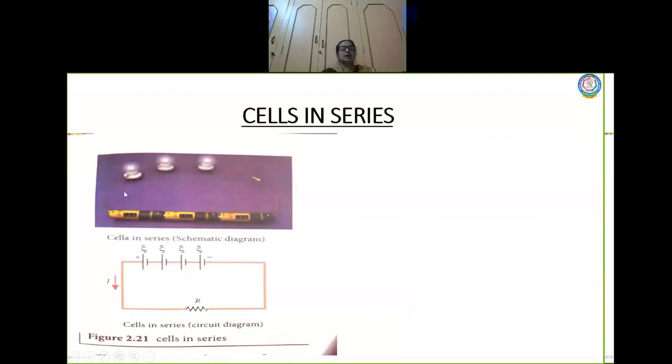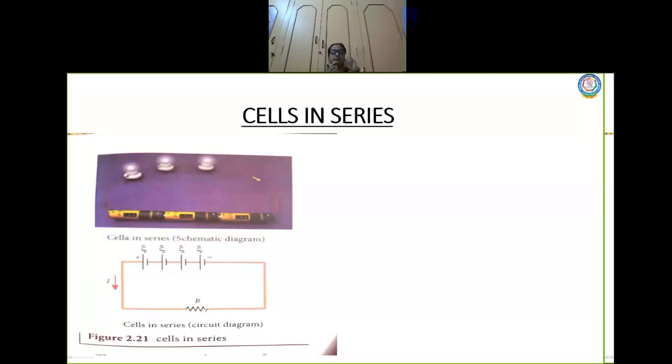Three cells are connected in series and the combination is connected to the resistor. We are going to compare when connecting cells will be effective and when it will not be effective.